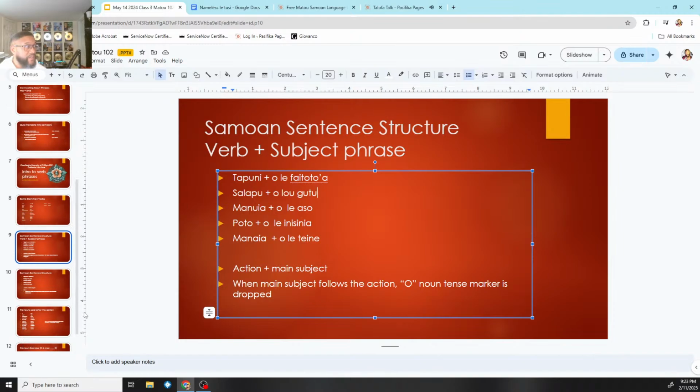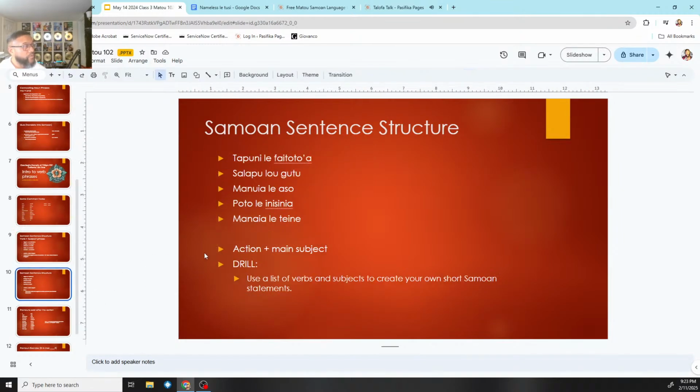We'll get into that later on, but we're going to drop the o and just say tapuni le faitotoa, salapu le gutu, manuia le aso, poto le inisinia, manaia le teine.